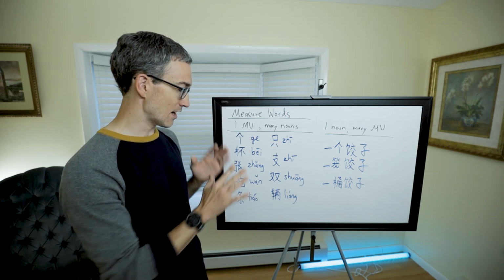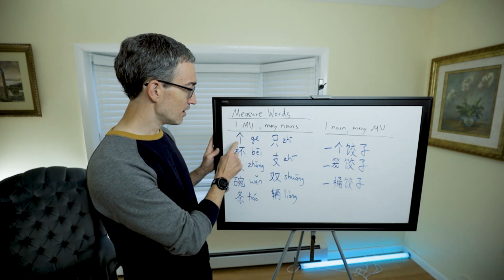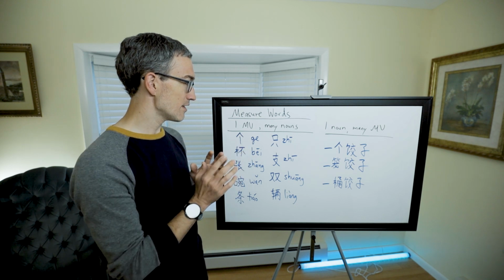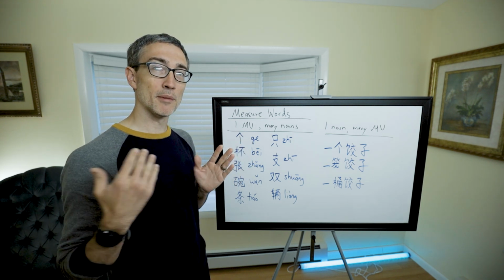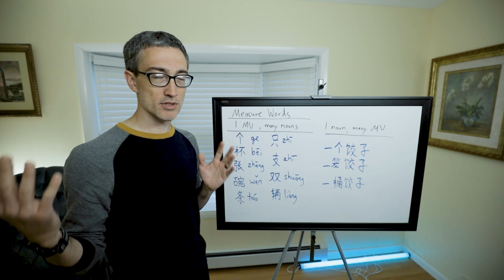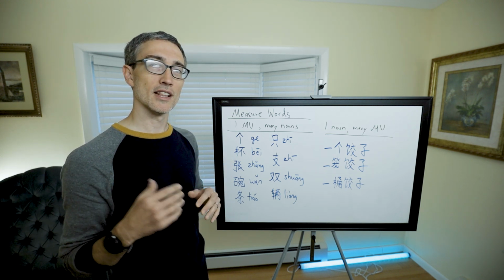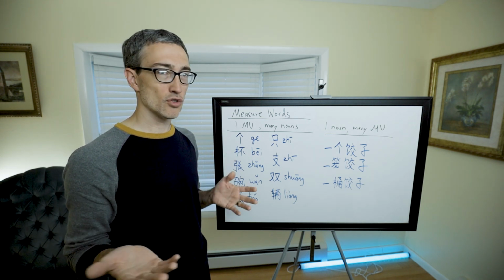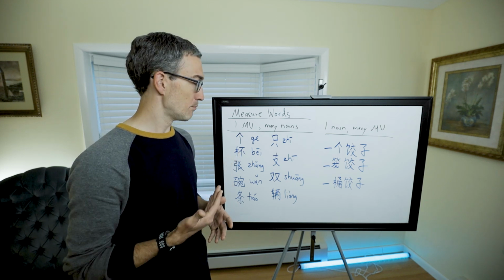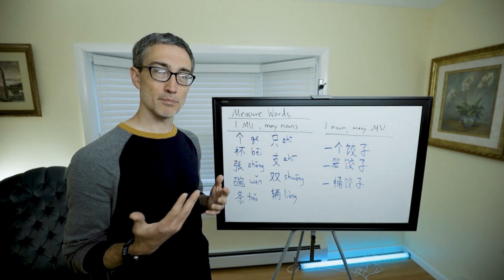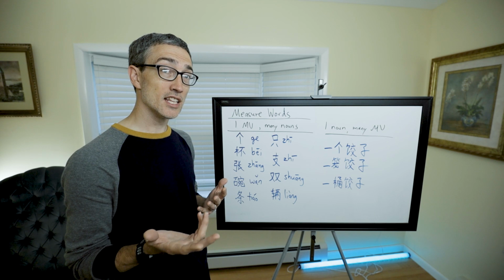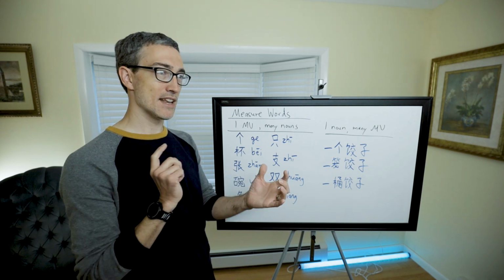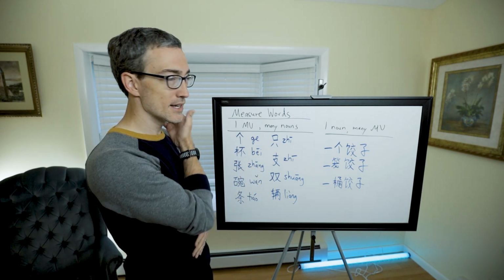I'm not figuring out how to say it. I'll just give you examples. It'll be a lot easier. Ge is one measure word, but it can be applied to many nouns. It's the most common one. There are many nouns, a lot of abstract nouns, just certain ones, like apple is ge, but other kinds of fruit like banana is a different one. It's gen because of banana's shape. But anyway, the ge applies to many nouns.